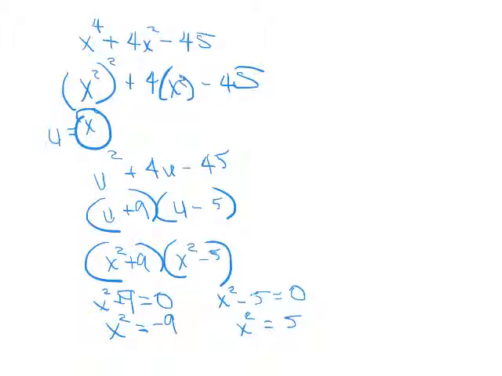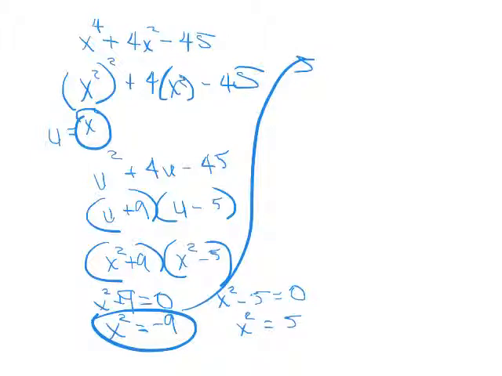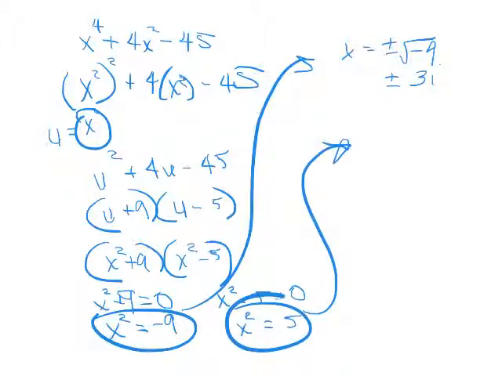And you find out that, let's take this one, move it up here, we get x equals plus or minus the square root of negative 9, or I'm sorry, we'll take the square root of 9, and we get 3i. And when we do this one, we get x equals plus or minus the square root of 5. So I get that answer and that answer.